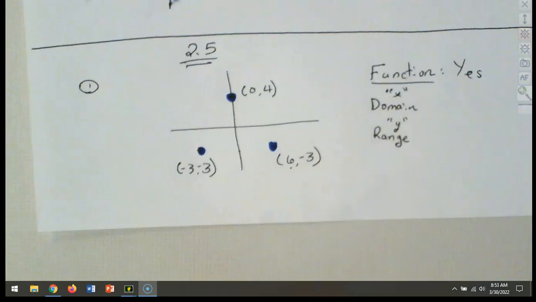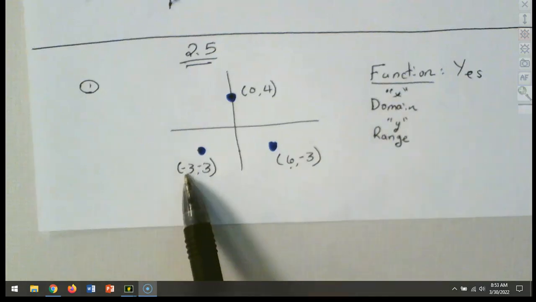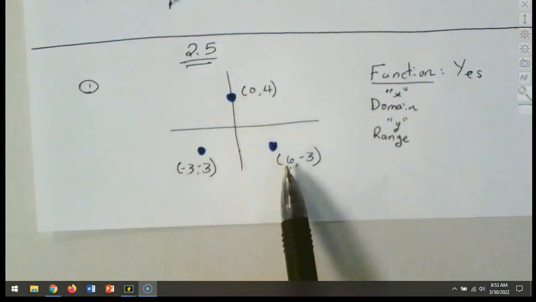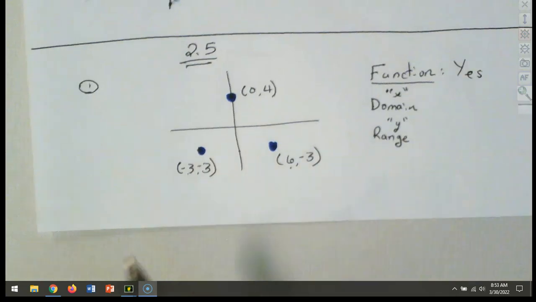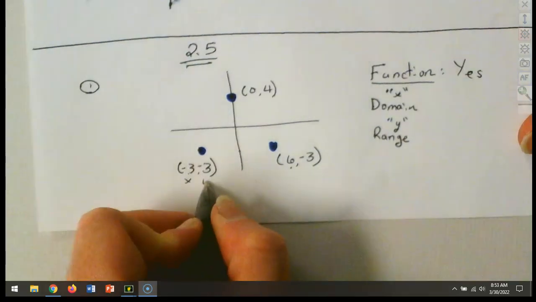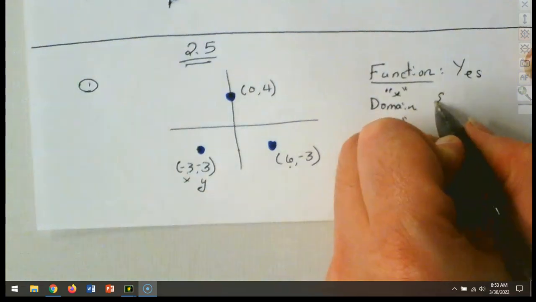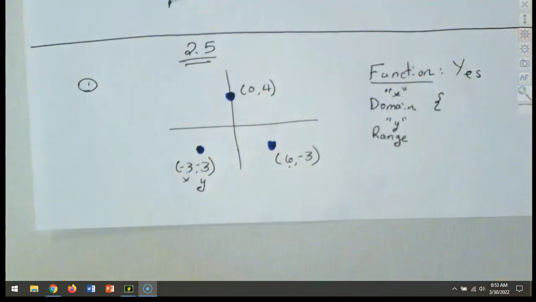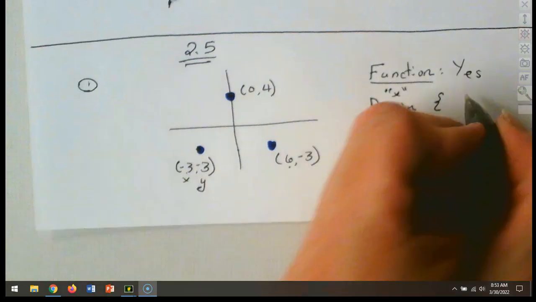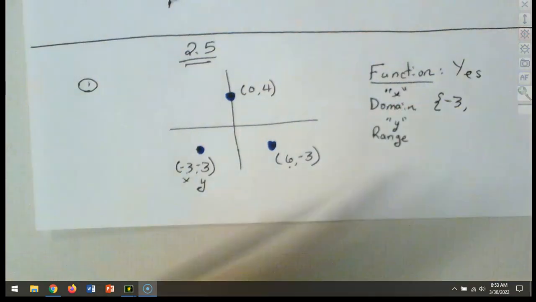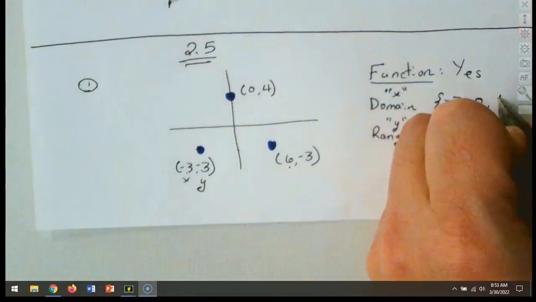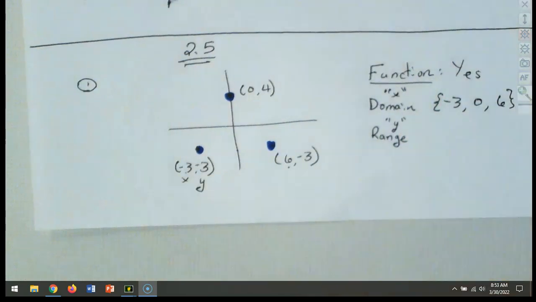So domain is the values of x. I look at each ordered pair, and we're going to write down the x values. Remember, x goes first, y is the second component. And we usually try to write these with the smallest x value first. So my domain would be -3, 0, and +6. Those are your x values.